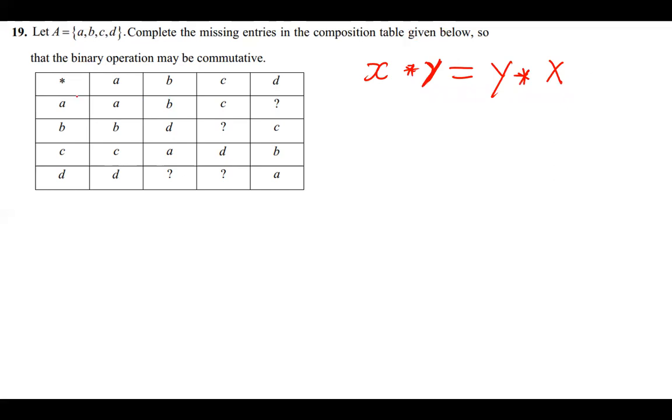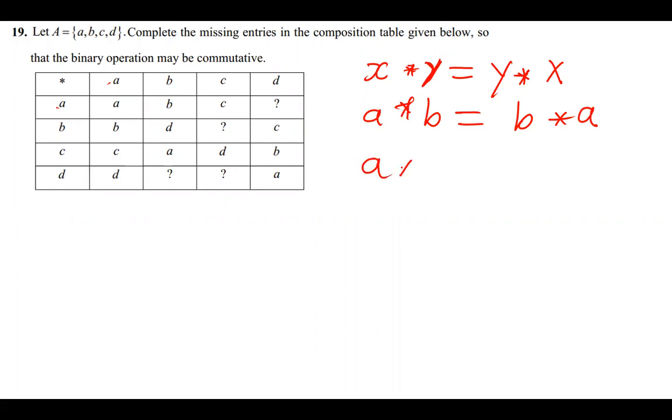So for instance, if we find A star B, A star B should be equal to B star A. Let us see if this is true for this table.